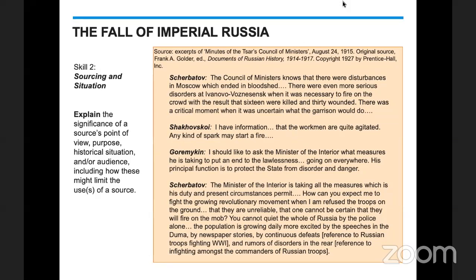So take a minute, write down some bullet point ideas: the historical situation, the audience, the purpose, the point of view. Source this. And I'm going to give you a pause here because as you're writing, it's a great chance in the classroom to turn and talk and share your thinking.